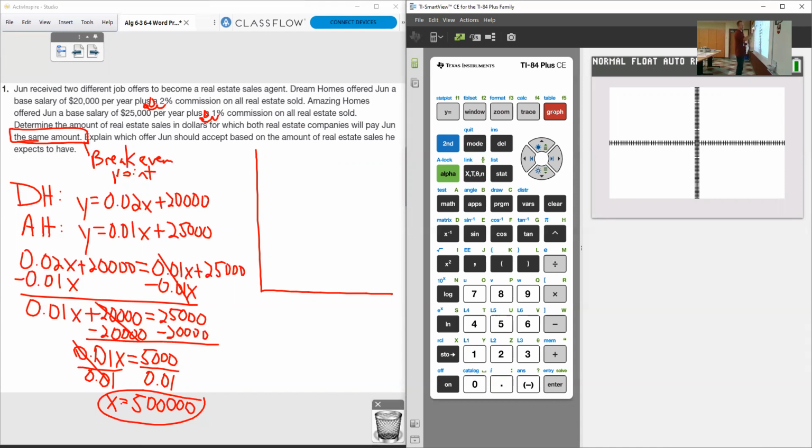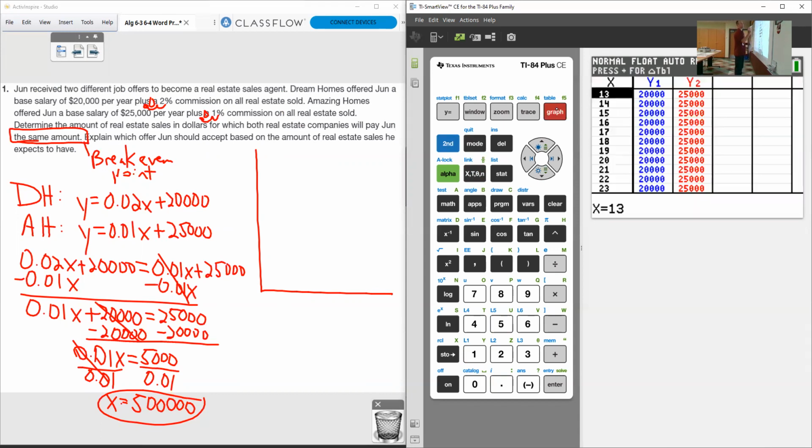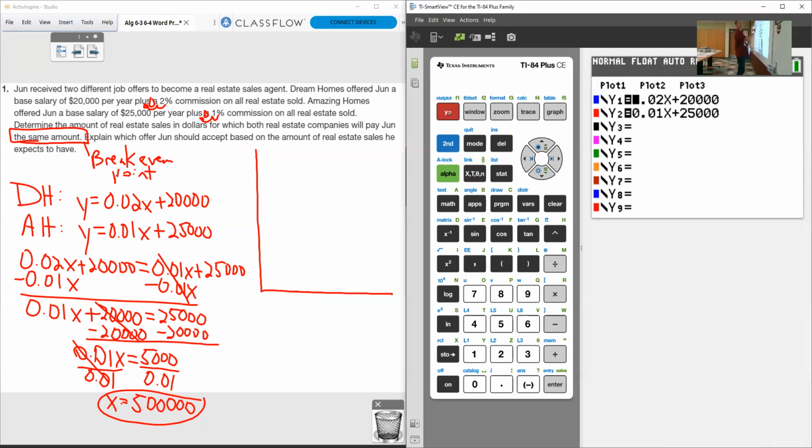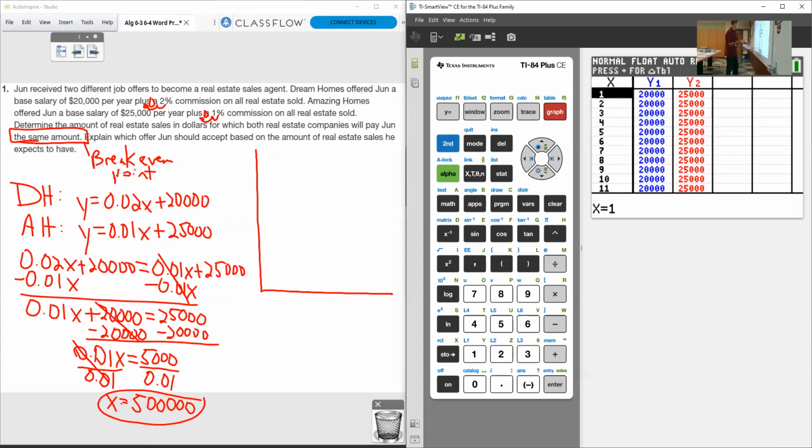We'd have to keep on zooming out and zooming out. Let's go to our table. We don't want to count by ones. We're looking for 500,000. So I'm going to hit my plus sign to change what I count by. I need to go to 0.